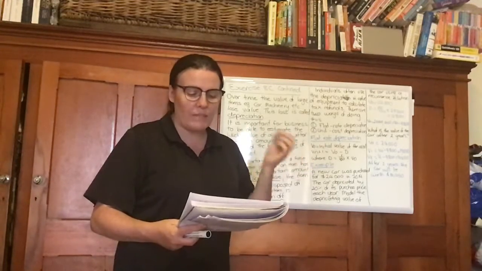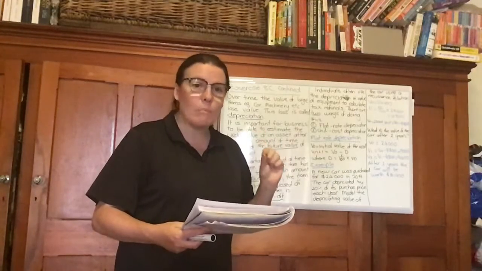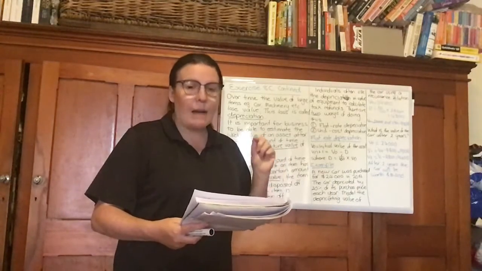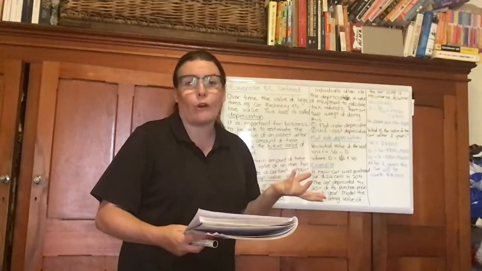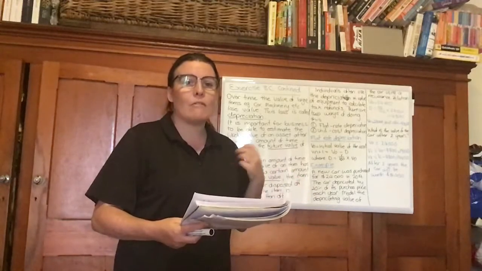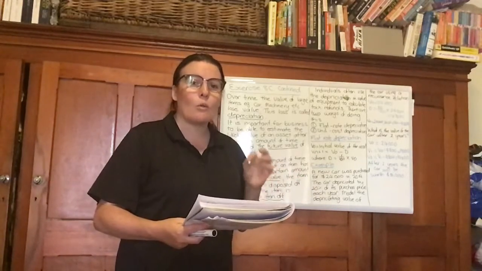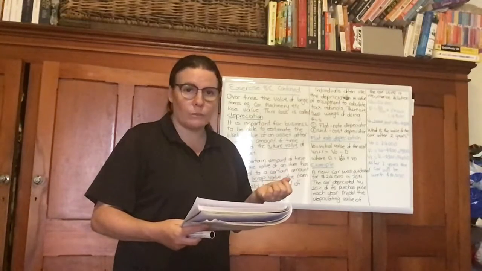And we call this value its scrap value. When it gets to scrap value, this is usually when the item is sold off or it's thrown away. It's disposed of. And for tax purposes, we would say that the item is written off.